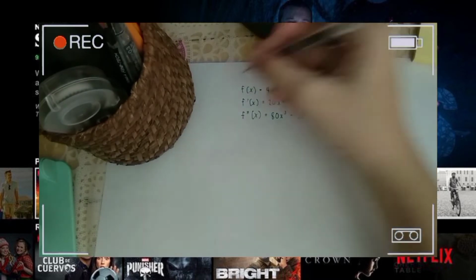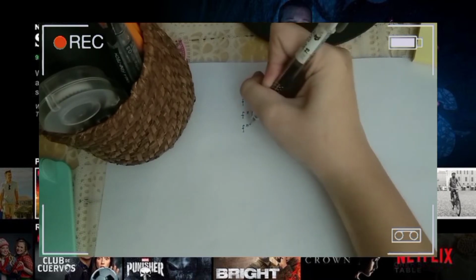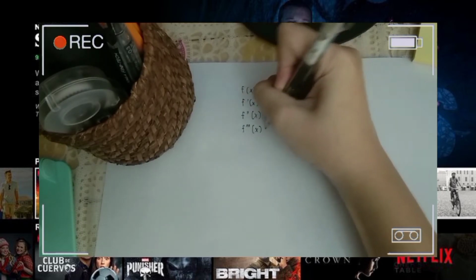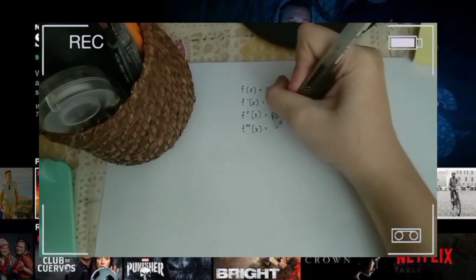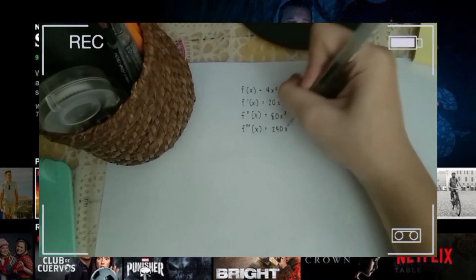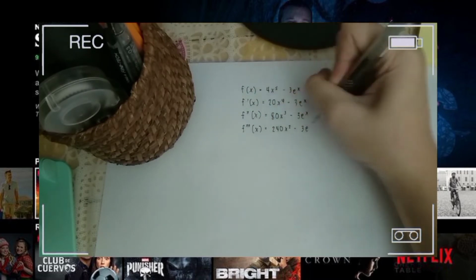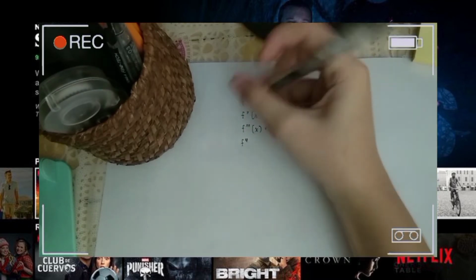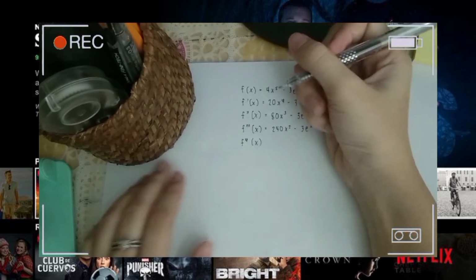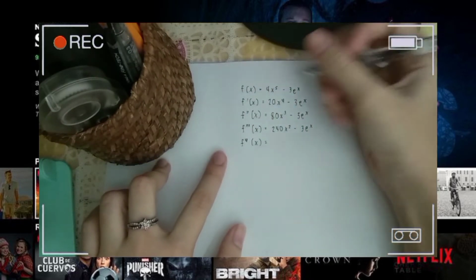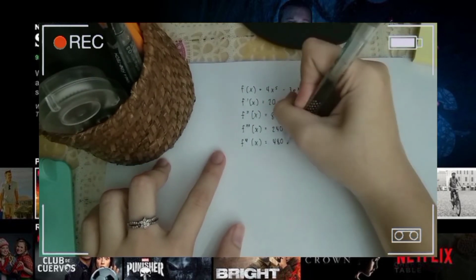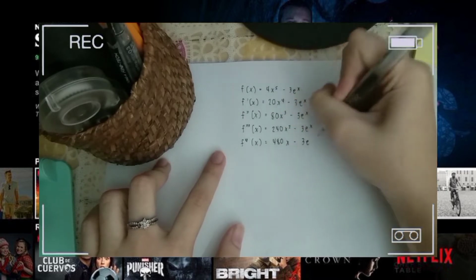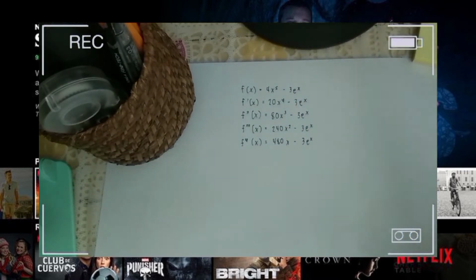Now let's find the third derivative. Again, bringing down the power, we'll get 240x squared minus 3e to the x. And for the fourth derivative, you'll get 480x minus 3e to the x.